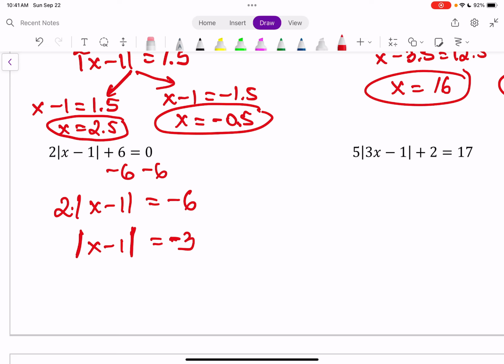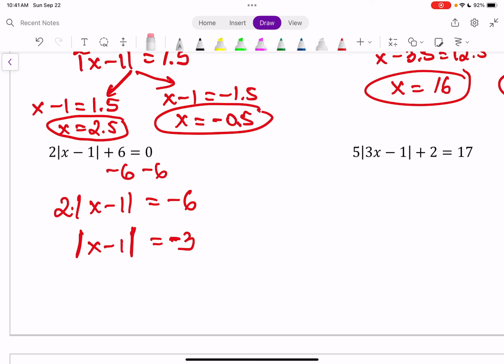Because let's say you found 4. Is the absolute value of 4 minus 1 equal to negative 3? No, the absolute value of 3 is not negative 3, it's positive 3. And the same thing, if you have a negative 2 in there and you get a negative 3, the absolute value of negative 3 is also not going to equal negative 3.